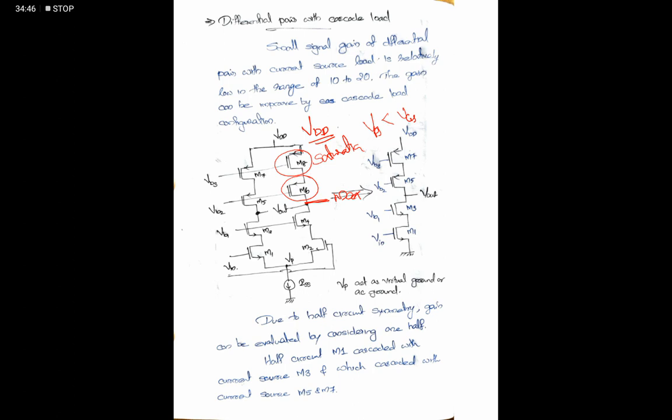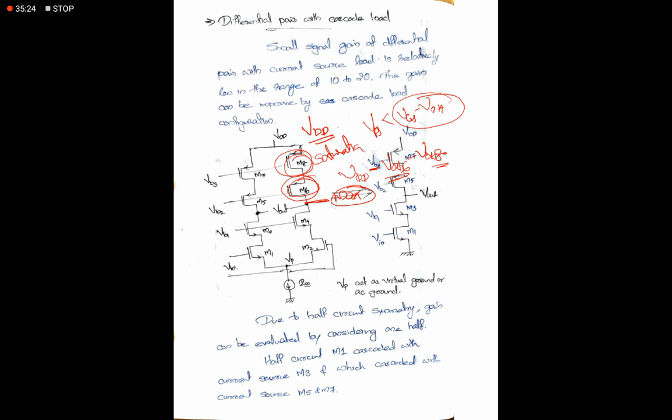Oh, sorry, my mistake. So according to this, this value must be less than VDD minus the overhead voltage of M6 and M8. The overhead voltage, that is VGS minus VTH of 6 and VGS minus VTH of 8. Or you can use VDD minus the overhead voltage of 5 and 7. That also you can use.